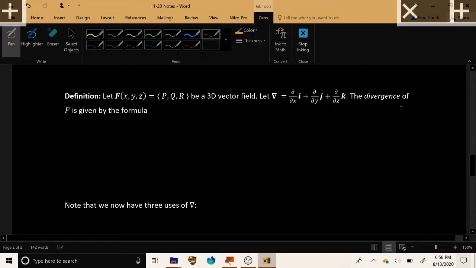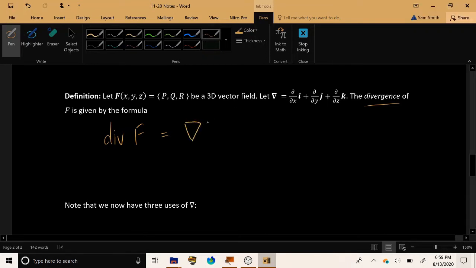The divergence of the vector field F is given by the following formula, and it's written div F for short. Div F can be found by taking the dot product of nabla with the vector field.